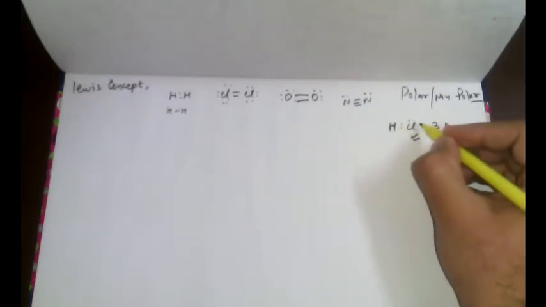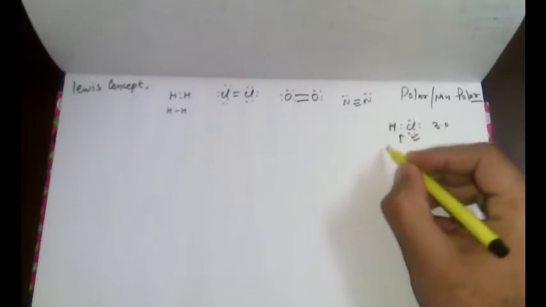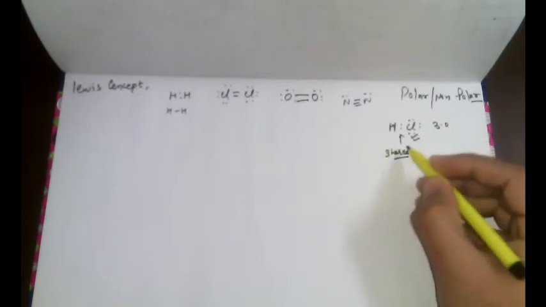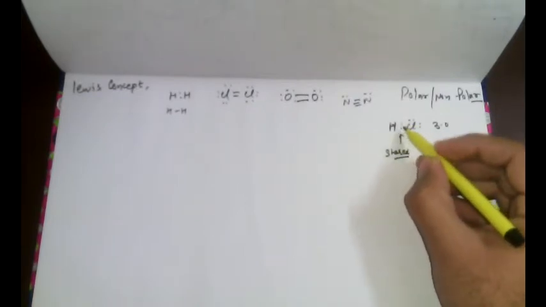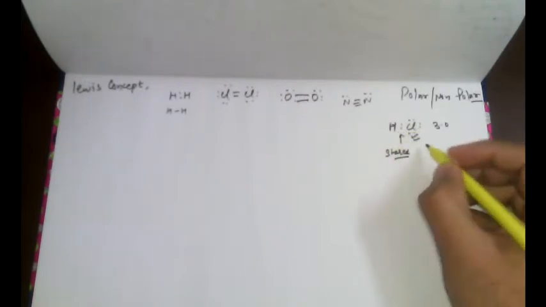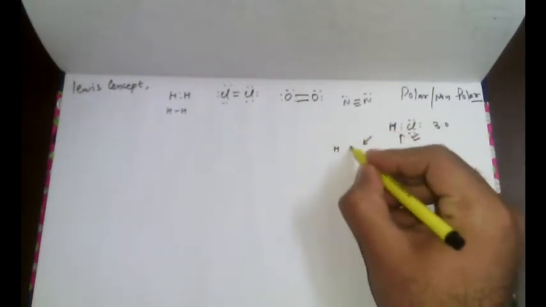When we make a covalent bond between hydrogen and chlorine, this is called a shared pair of electrons. These shared electrons are slightly attracted by the chlorine, so polarity is obtained between the hydrogen and the chlorine.